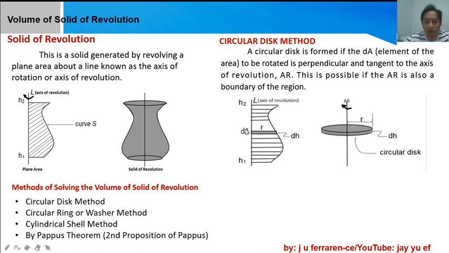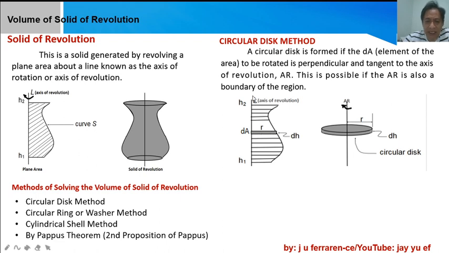Now, imagine that we are constructing different rectangles over the region, and I'm considering one of the rectangles with a radius of r. This is what we call a differential area. It has a thickness of dh, so it will generate a solid which is a circular disk if revolved about L. Take note that the dA to be revolved must be perpendicular to the axis of rotation.